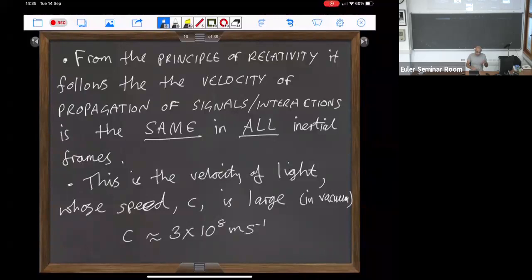In order to probe nuclear and subnuclear distances, one requires particles of extremely high energies and extremely high velocities. So the protons in the Large Hadron Collider, at operational energy, are moving very close to the speed of light, because their energies are thousands of times larger than the rest mass of the proton.